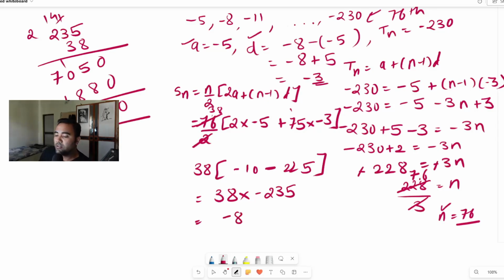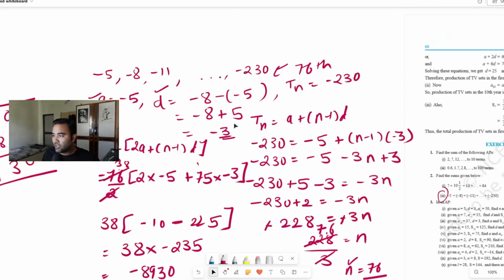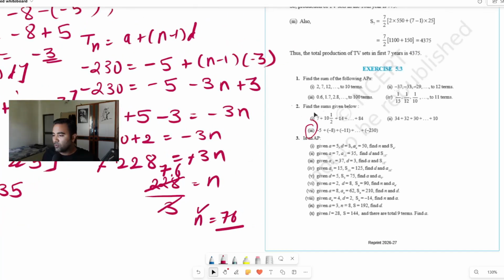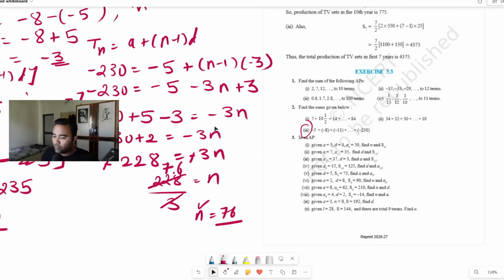The minus 8930. This is the answer for question number 2. It was rather a lengthy question, but this is how you're supposed to solve question number 1 and question number 2 itself. Let's move on to question number 3.